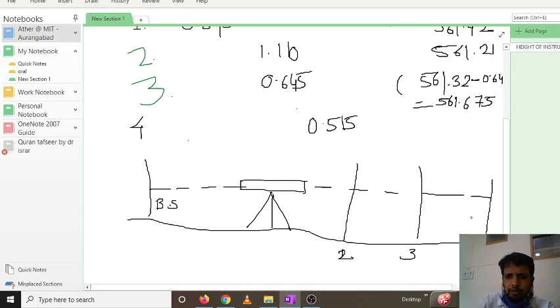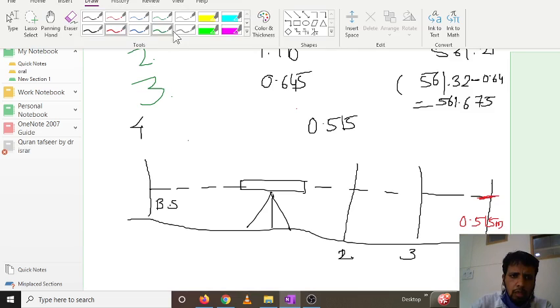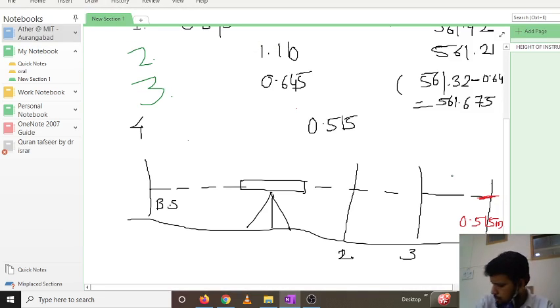So finally here the foresight that we have taken is 0.515 meter. This level you know very well, this level is 562.32.